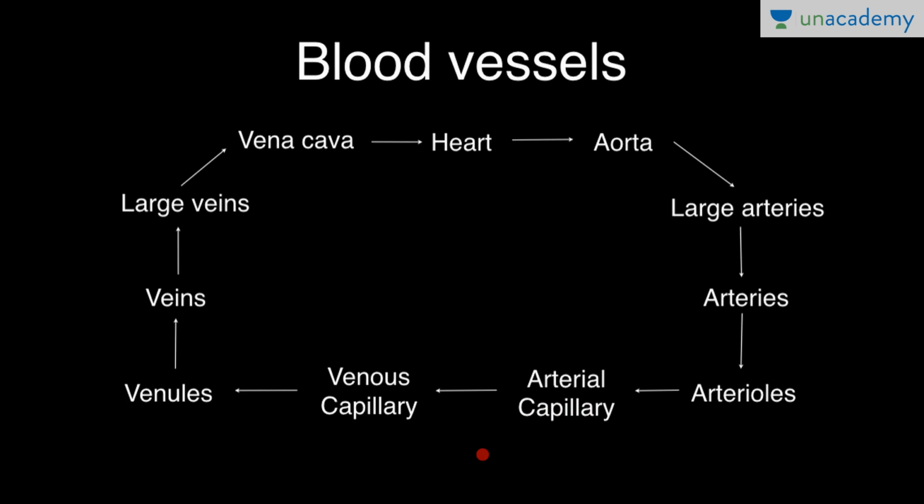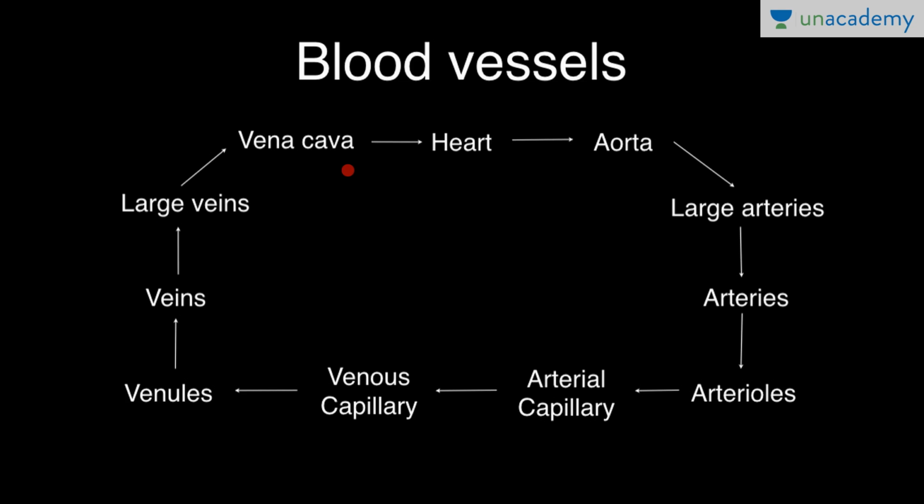capillaries to tissues, and the remaining deoxygenated blood passes to the venous capillary. Now, the numerous venous capillaries join to form venules, and the venous capillaries are carrying deoxygenated blood or impure blood. Then many venules join to form veins. Then veins join to form large veins, and finally we have the vena cava. We have two vena cava in our circulatory system.